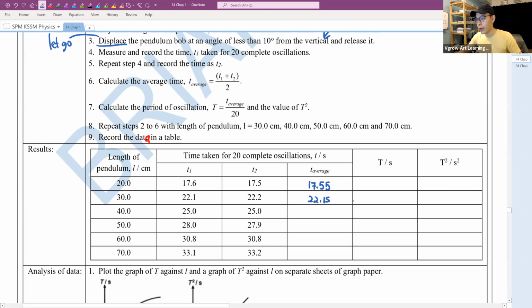Okay, you try to find out all the values for this average one.